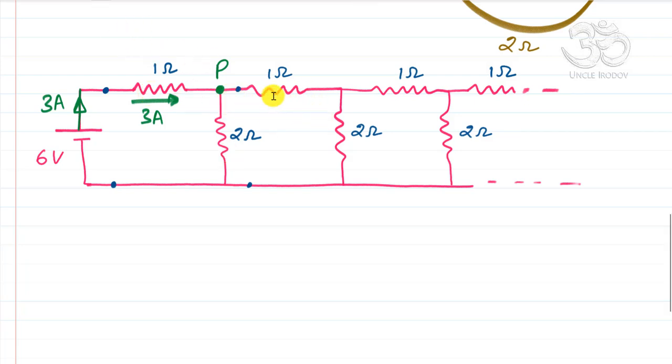So now the thing that you need to ask yourself is, the current that goes into the 2 ohm branch is anyways going to experience 2 ohms resistance, so that's fine. But the current that goes in the 1 ohm branch, is that current going to experience only 1 ohm resistance, or after going through the 1 ohm guy, will it experience more resistors elsewhere? So the answer is that it is going to experience this entire network of resistors that we have put here, right?